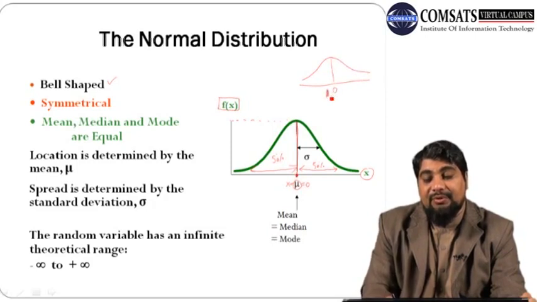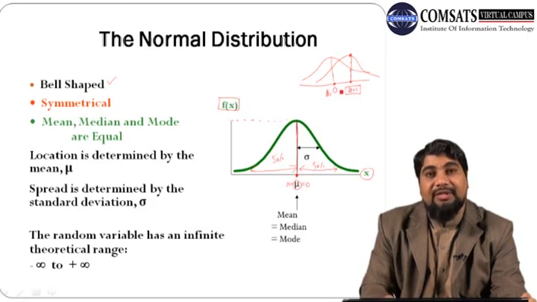So here mu is 0. So this is the 0 point. So if we shift this mu from 0 to 1, then the normal distribution will be shifted to 1. So the highest probability will occur at 1 now, because the mean is shifted to 1.